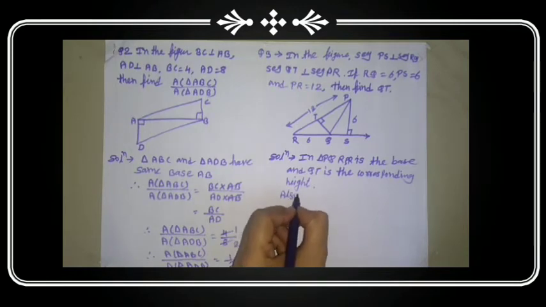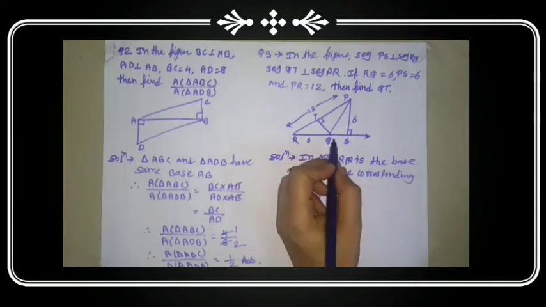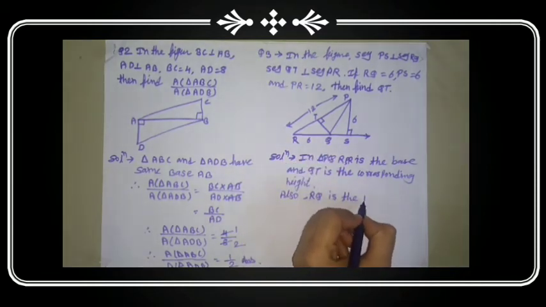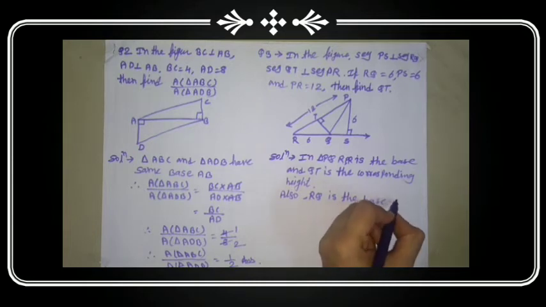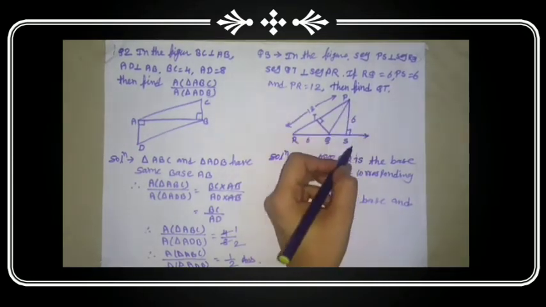Also, RQ is the base and PS is the corresponding height.